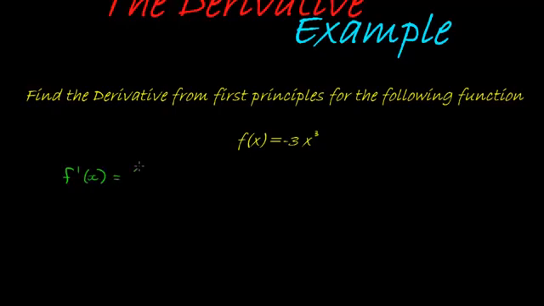The derivative is found by taking the limit of h tending to 0 of f(x plus h) minus f of x, divided by h.